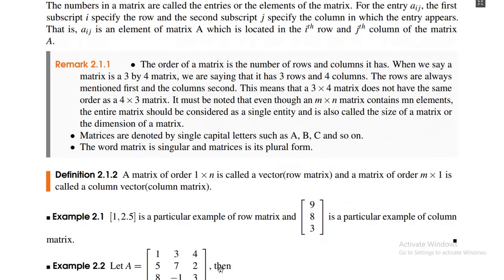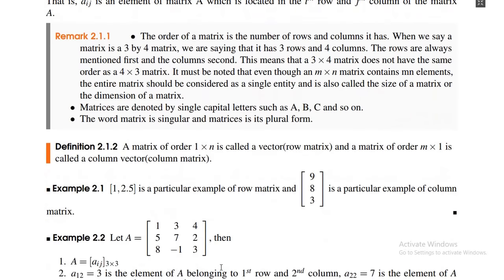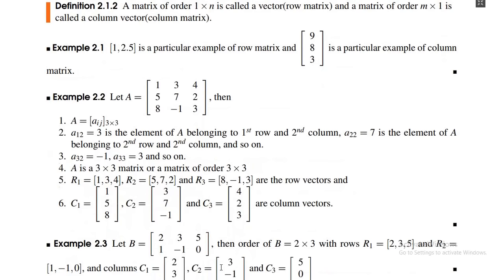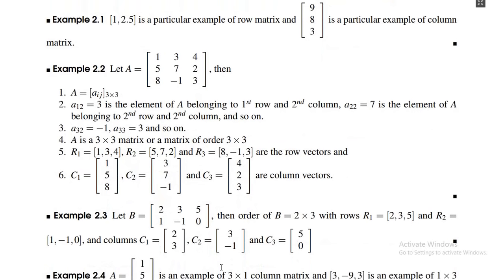For example, the matrix 1, 2.5 is a particular example of a row matrix.